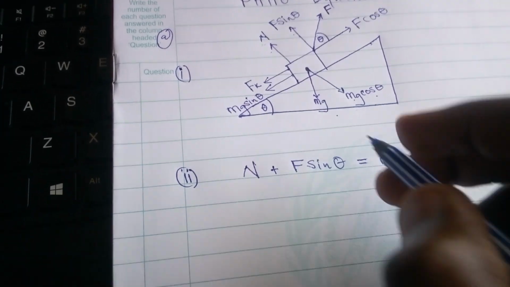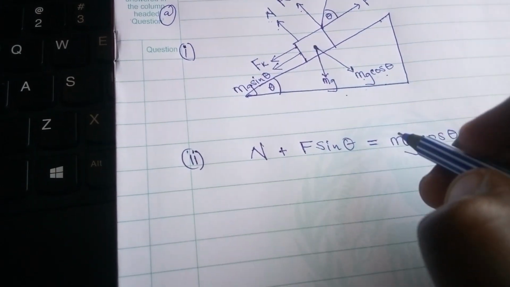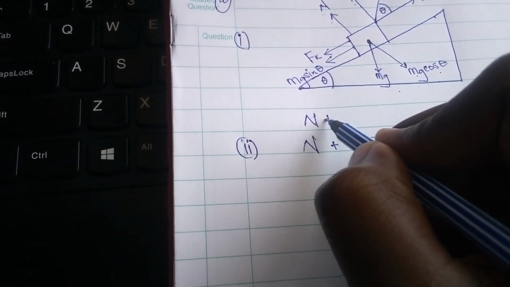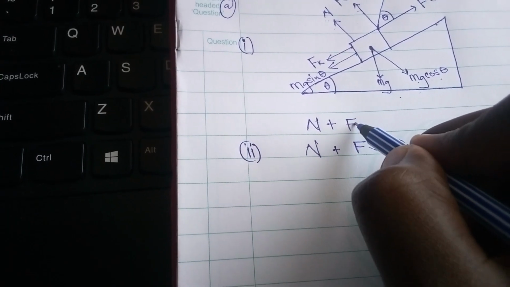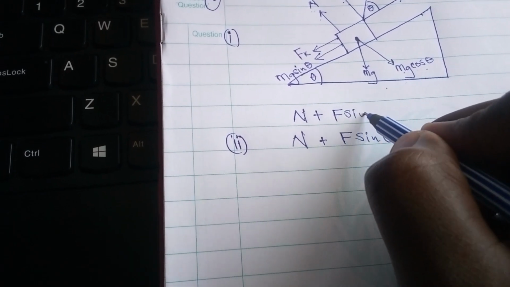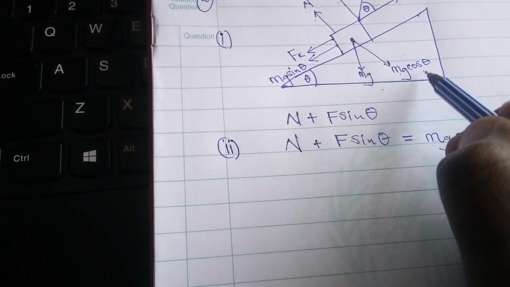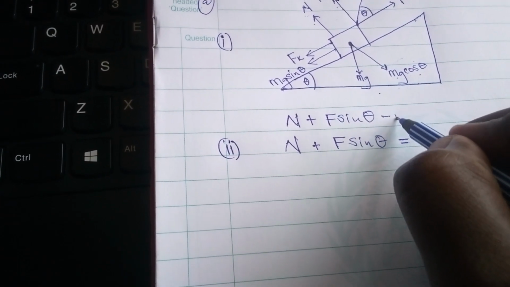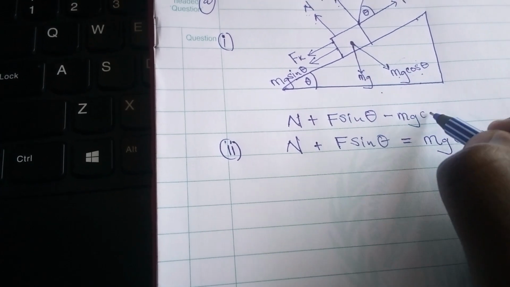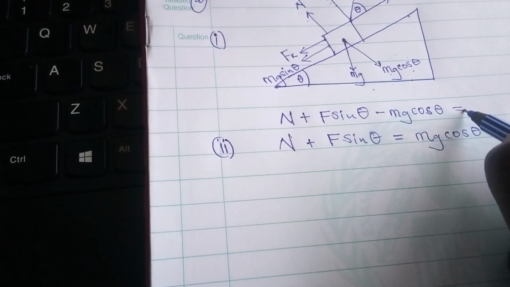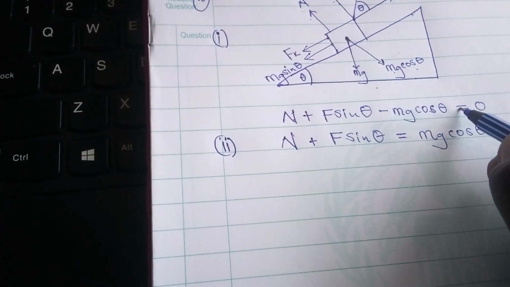Or in short, the summation of normal force plus F sin theta, you subtract the force that is acting against, minus mg cos theta, should be equated to 0.